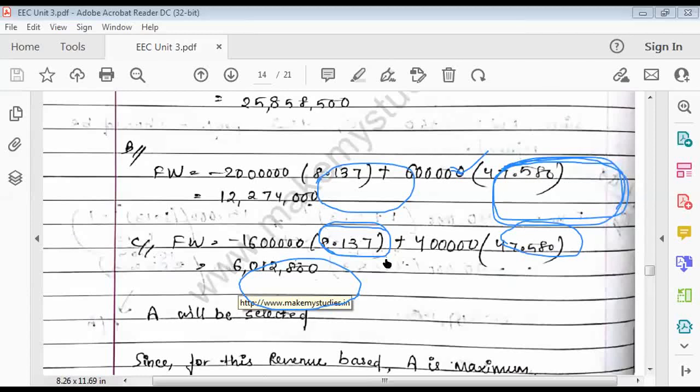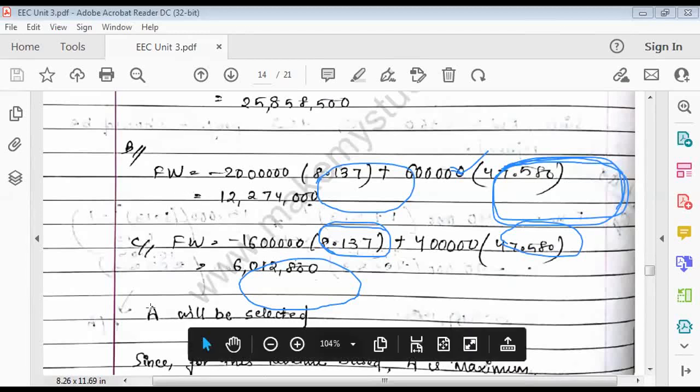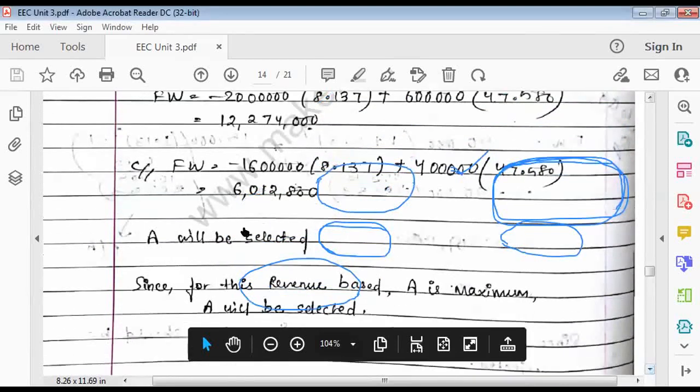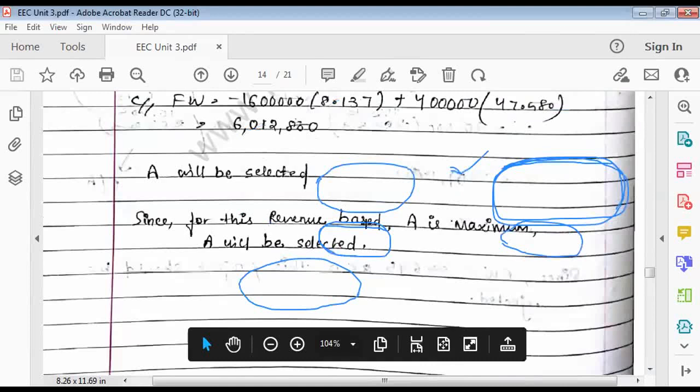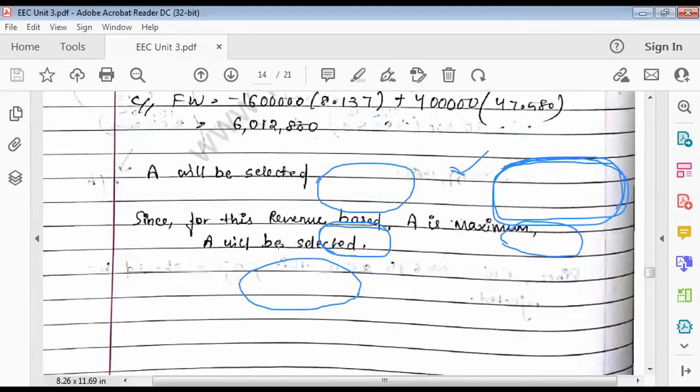So the decision rule says for revenue based questions, the project with the maximum FW should be selected. You see, for A it is 2 crore 58 lakhs 58,500, which is greater than that of B and C. So do not write conclusions like this: A will be selected.